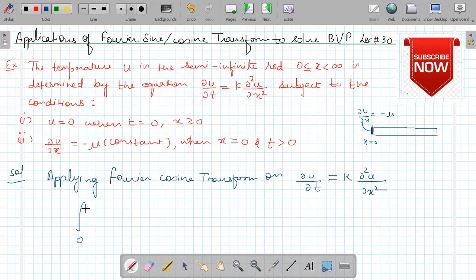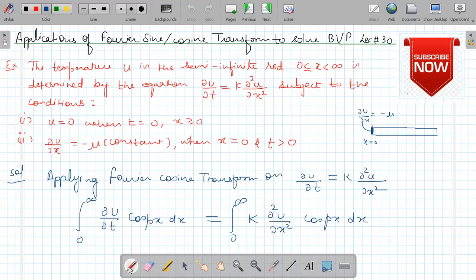So the Fourier cosine transform is integration 0 to infinity del U by del T cos px dx is equal to integration 0 to infinity K del 2U over del X square cos px dx, by the definition of the Fourier cosine transform.